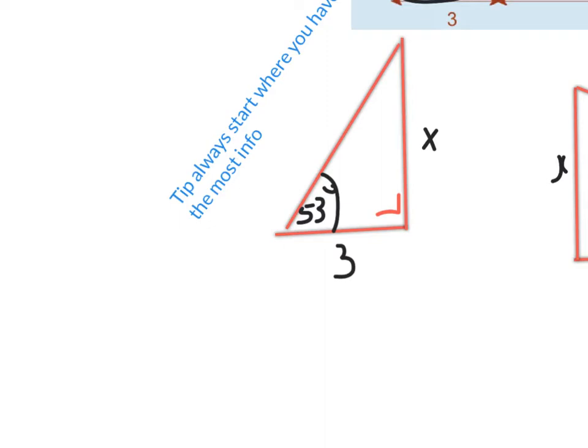So number 1, and hopefully you know them at this stage, is label your triangle. So this is my right angle, so I'm going to write, maybe in purple today. This one is my hypotenuse. This is my angle, therefore this is my opposite, and then this is the one that's left, so that's my adjacent. So step 1 is label.